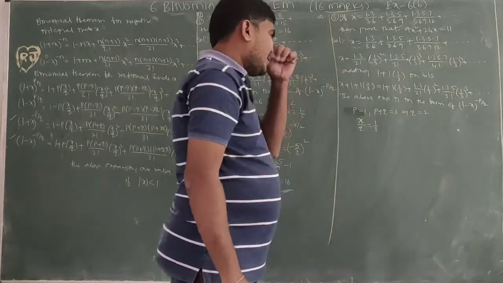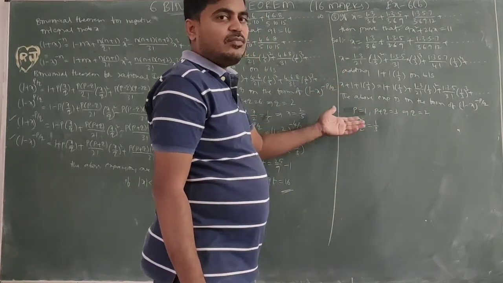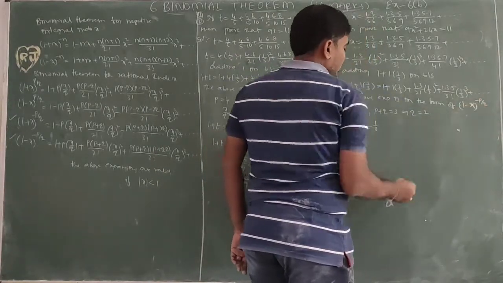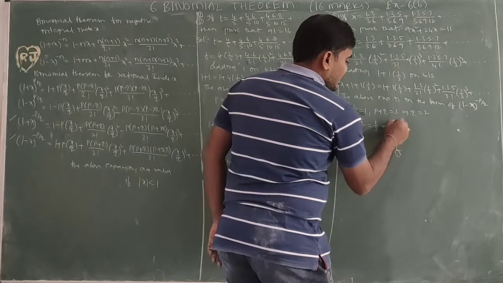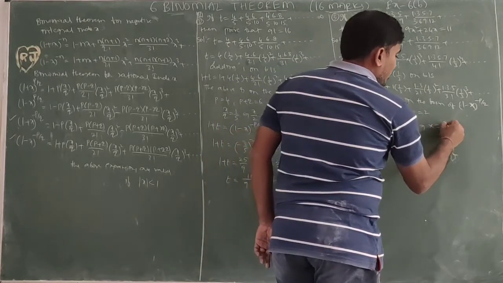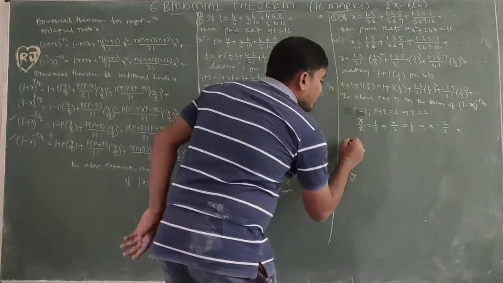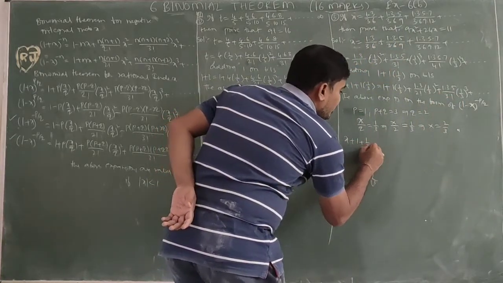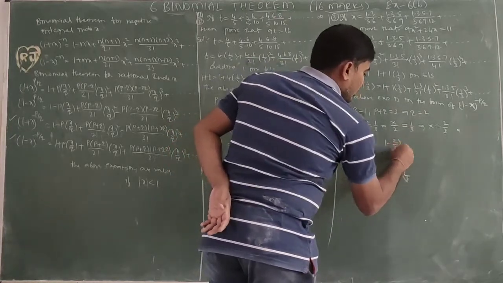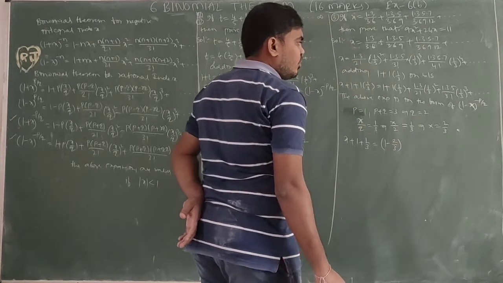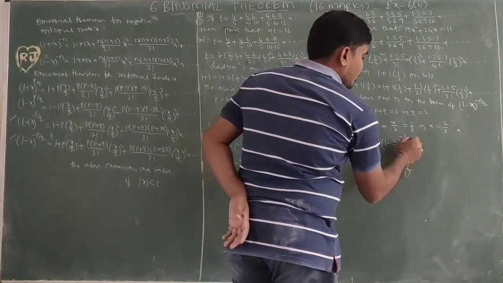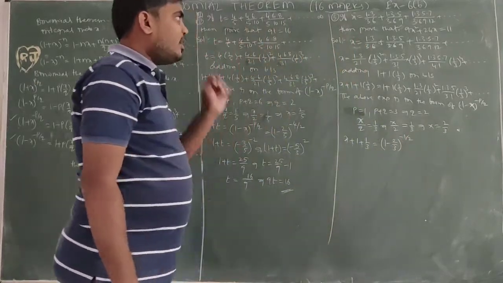Since it is already small x, to avoid confusion I am taking capital X. So X by q equal to 1 by 3, capital X equal to 2 by 3. Small x plus 1 plus 1 by 3 equal to (1 minus capital X, 2 by 3) whole power minus p by q, that is minus 1 by 2.